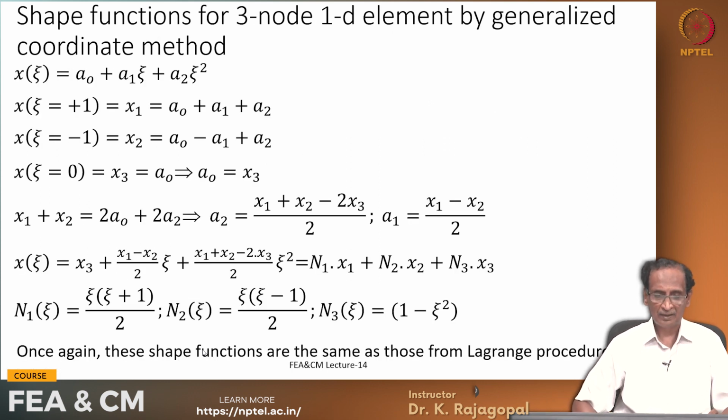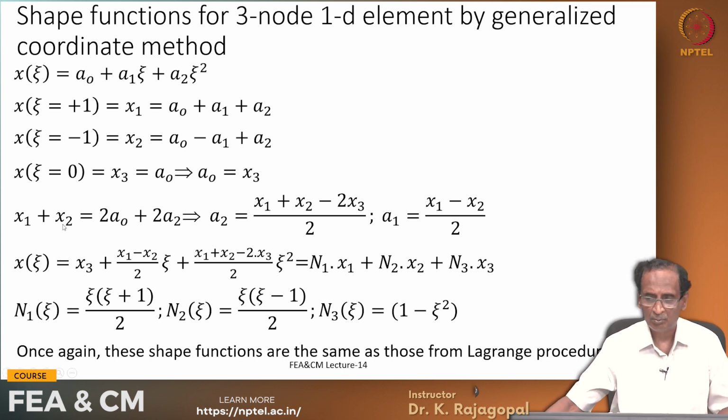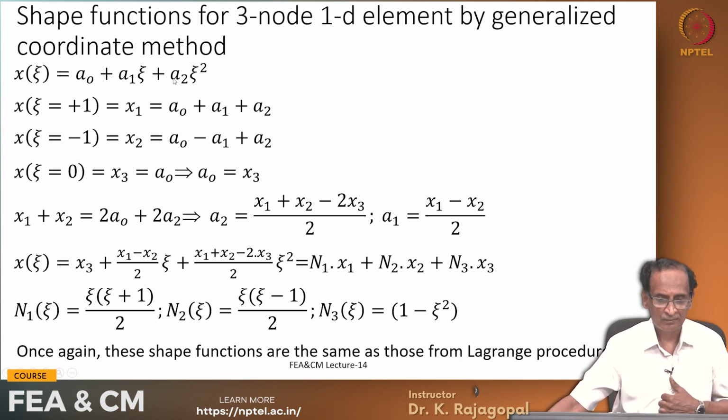And let us derive the same shape functions by the generalized coordinate method. x of xi is a naught plus a1 xi plus a2 xi square, and at xi of plus 1 you have x1, that is a naught plus a1 plus a2.